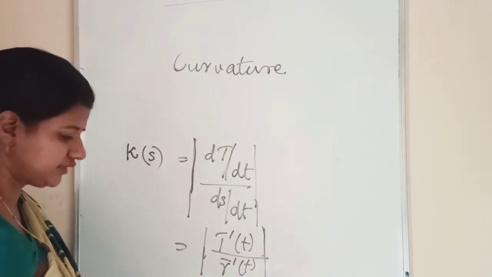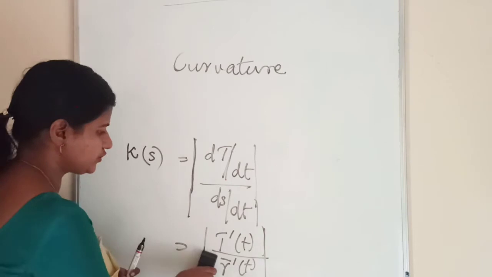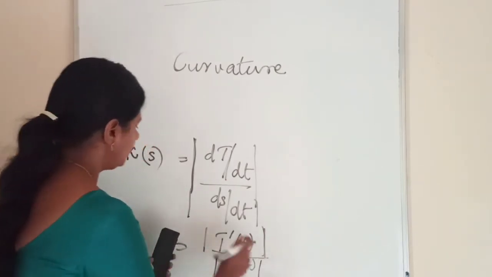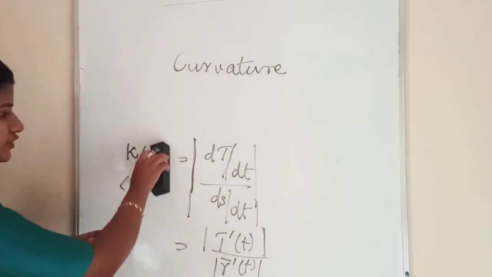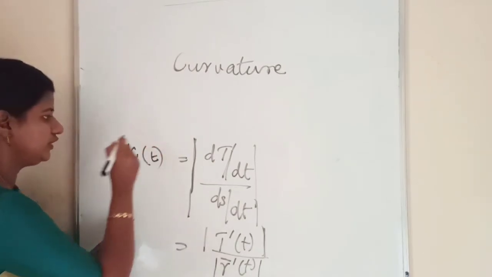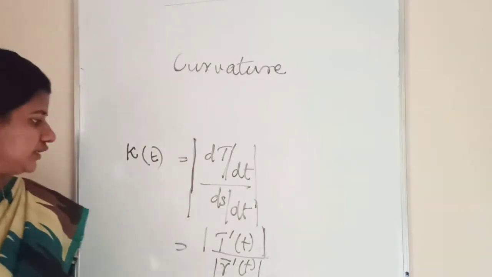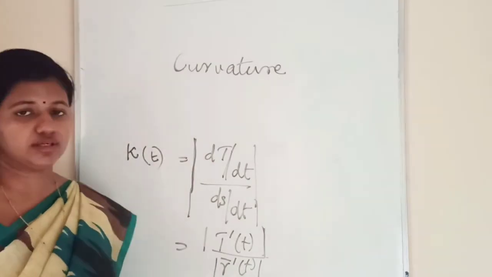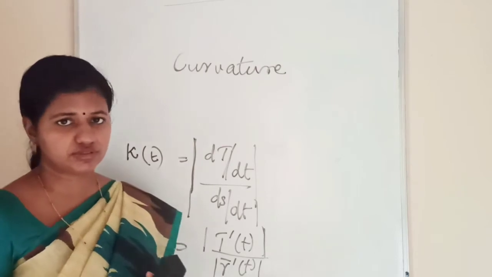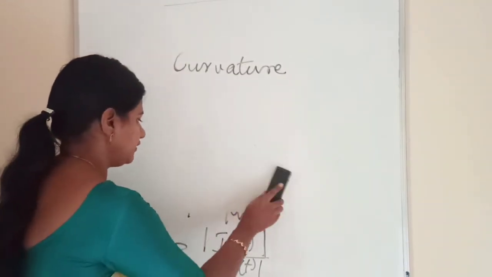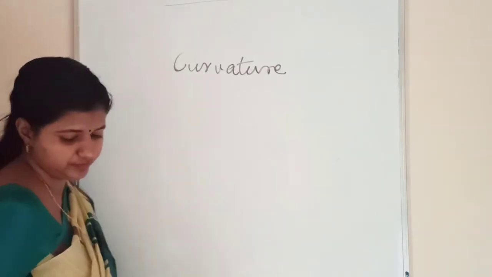So we can write it as modulus of T dash of t divided by modulus of r bar dash of t. Or we can write the curvature as kappa of t equal to modulus of T dash of t by modulus of r dash of t. And using this equation, we can have the curvature of a curve in terms of t.